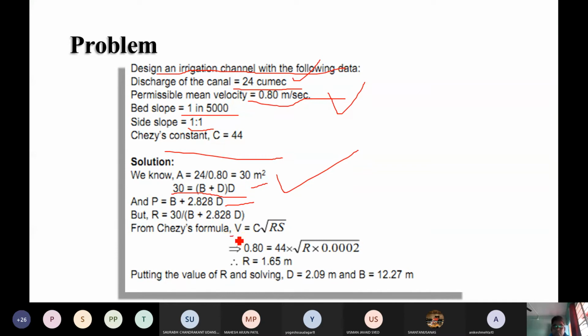So for Chezy's formula, V is equal to C root of RS, then substitute all these values, the R value is going to be found. Putting the value of R and solving, we get the d parameter and b parameter. So the depth of water is 2.09, and the width of this channel is 12.27 meter.